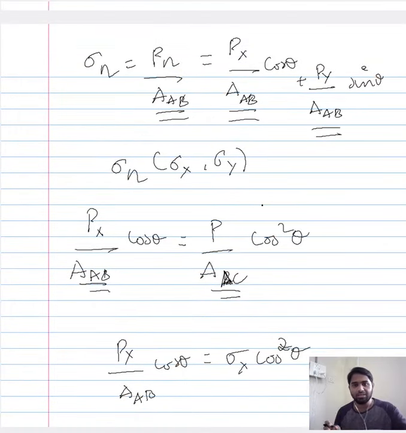This is what we arrived at for the Px case. We have related the Px to the area that is perpendicular to the loading direction. We have to arrive at a similar expression for the Py case.